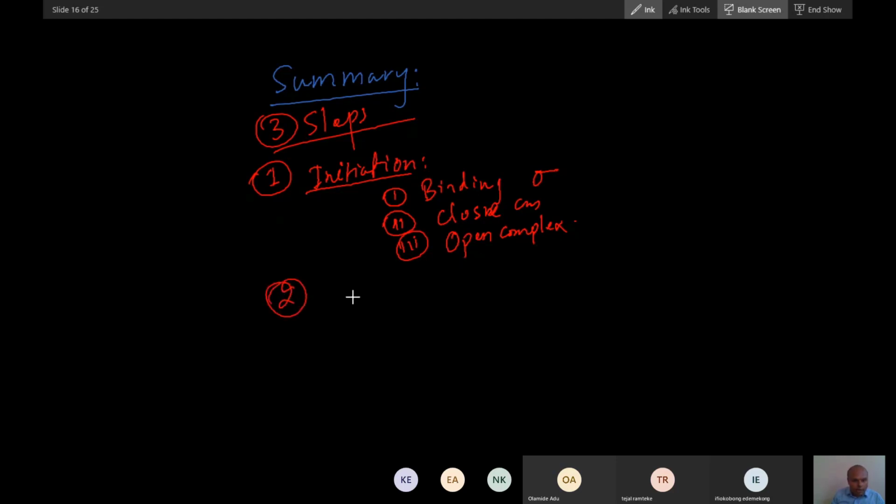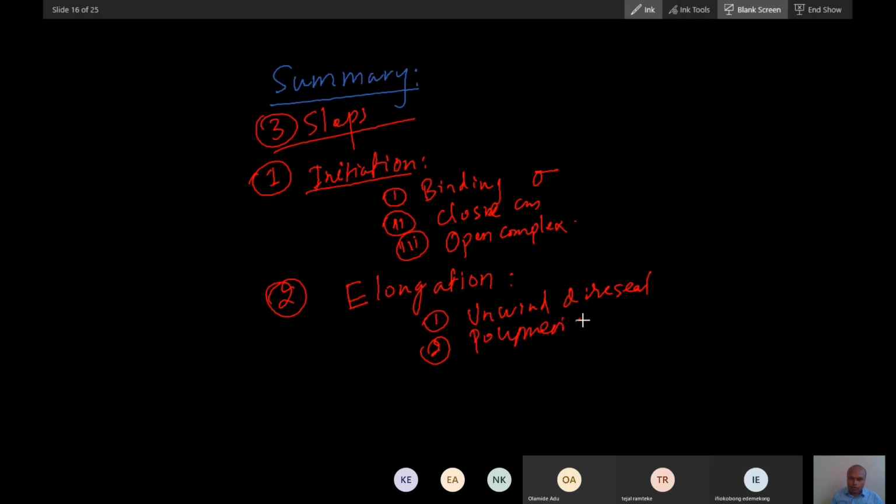Now what is the second step? Elongation. What happens in elongation? The elongating enzyme unwinds the DNA, unwinds and reseals the DNA, and then polymerizes the RNA, and then does editing, proofreading at the same time.